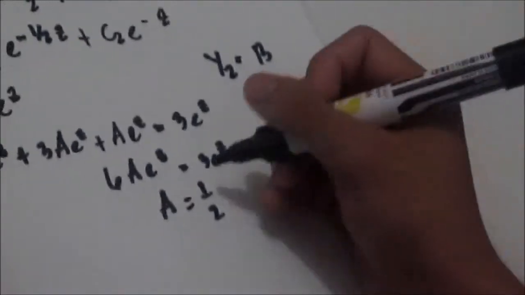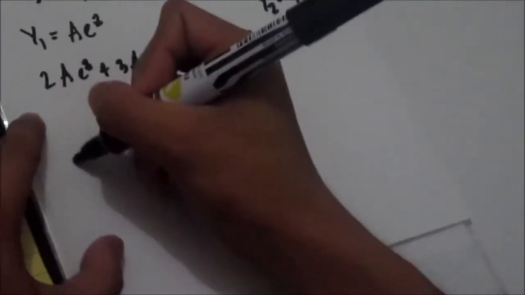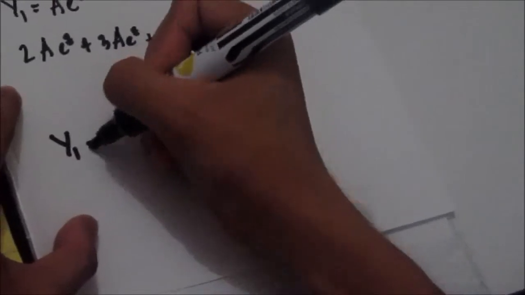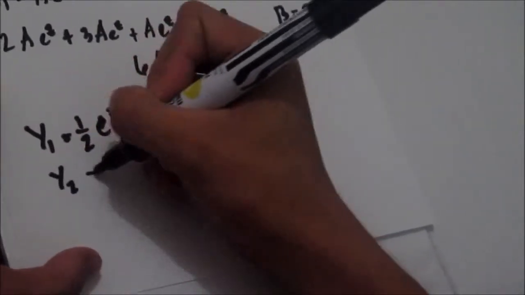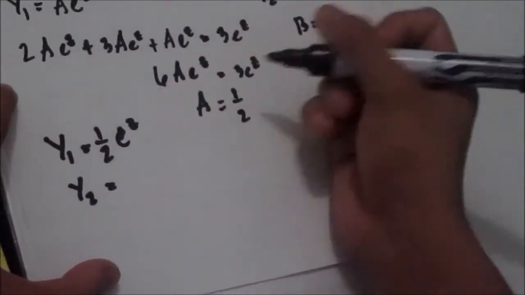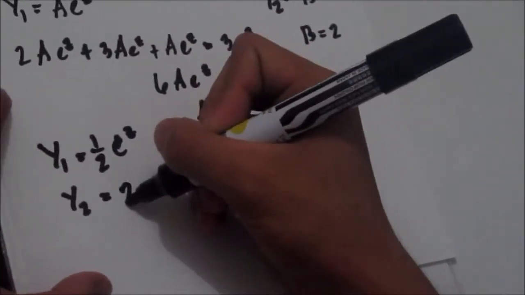So now we have the particular integral y1 is equal to 1/2 e to the z, and y2 is equal to 2.